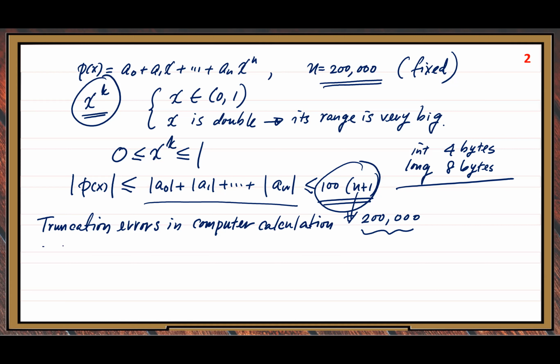So what is that? Let me use our project as an example. We have three methods: method 1, method 2, method 3.